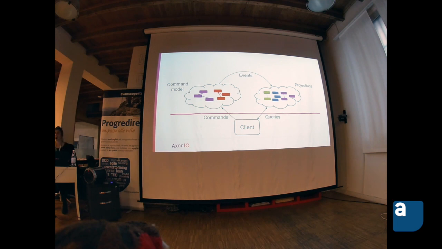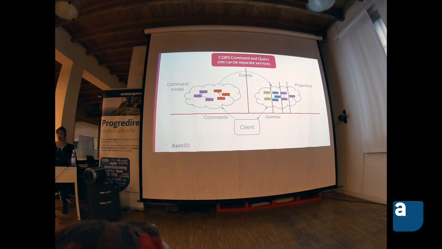We can simply say that command query responsibility segregation, used together with domain-driven design principles like aggregates, is very useful to keep our monolith well structured. And why is that? Because immediately we can see that the command model and the read model are two independent parts that can be deployed separately.